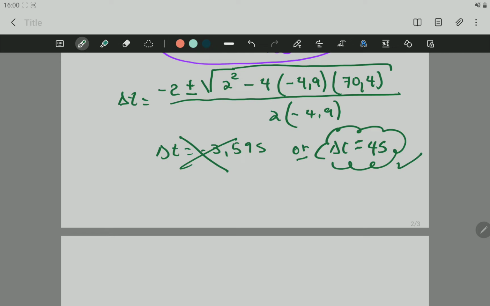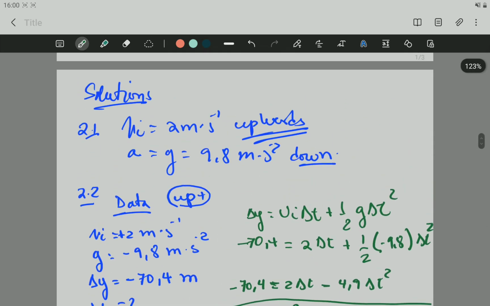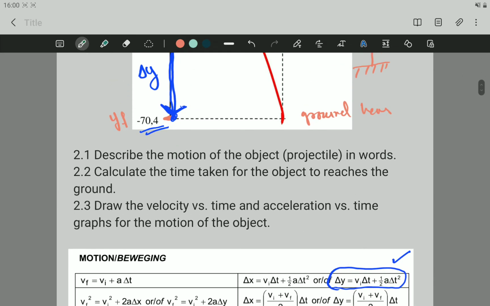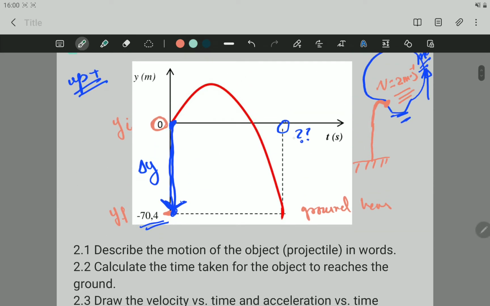Therefore, the time is 4 seconds. That time, 4 seconds, is the time the ball or the object takes from the starting point up until here. I hope you understand that one.